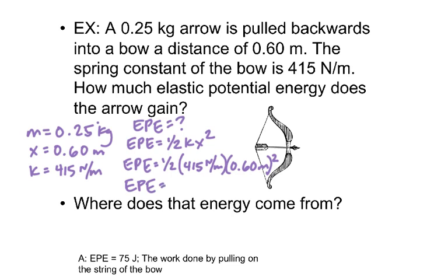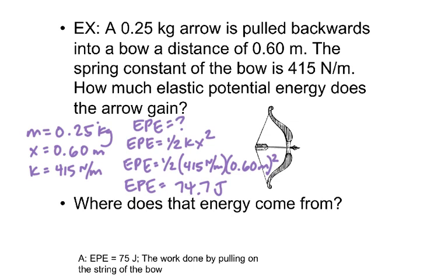As always in your calculator, I would recommend that you do 0.6 squared first, especially if you're not so good at parentheses. So it gives me 0.36, and I'm going to multiply that by 415, and multiply that by 0.5, and I end up with an EPE of 74.7 joules. If we are rounding for good sig figs, that's going to be 75 joules.